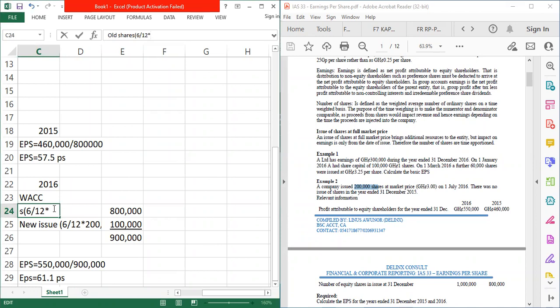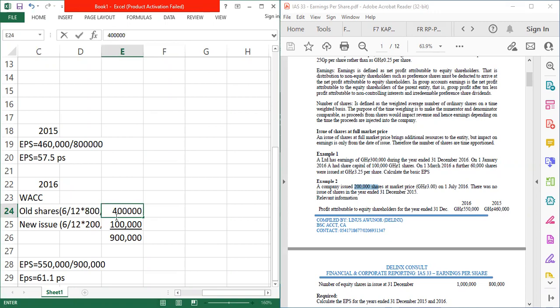Yeah. So I was saying that we can do that. How many months has the 800,000 done before the new issue? It has done only 6 months, because that will be January to June. So we do 6 months for this, then we get 400,000.